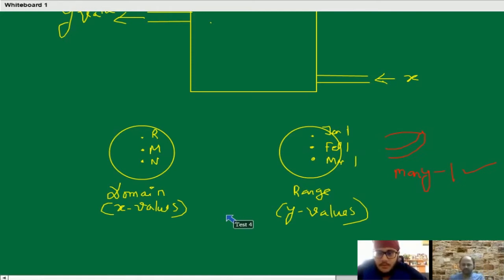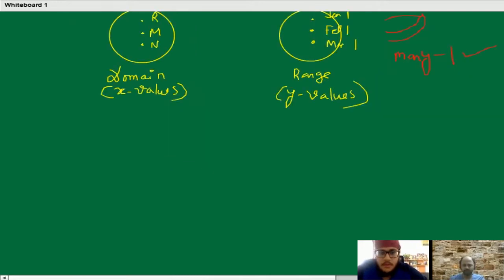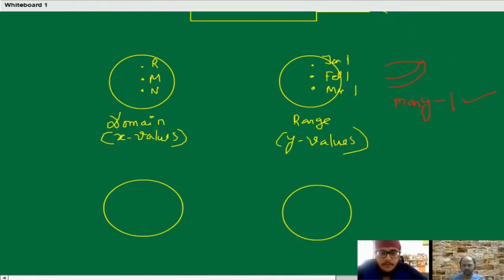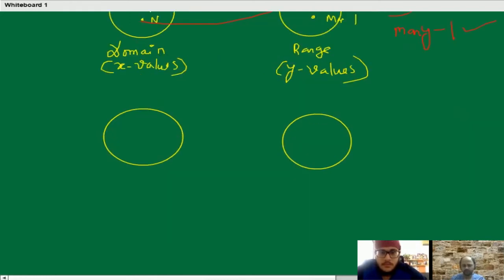Now let's consider the same example, but here we'll observe something different. Here is the domain, that is X values, and here is the range, that is Y values.